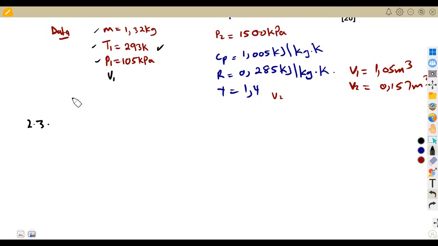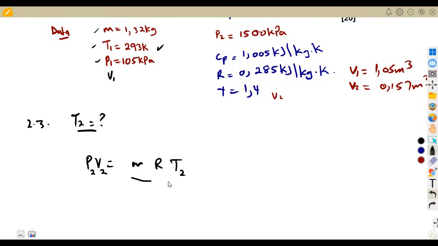In order for us to find the final temperature, T2, we can go back to PV, because we've got the value of V2, we've got R, we've got the mass. PV is equal to MRT, which is our traditional method. So for T2, this must be P2, V2, T2.